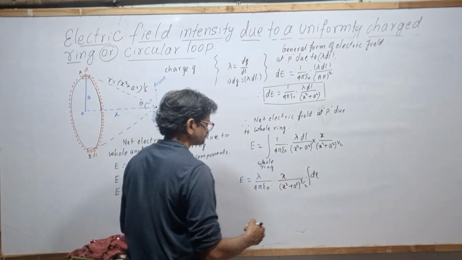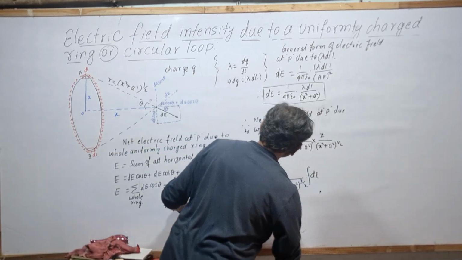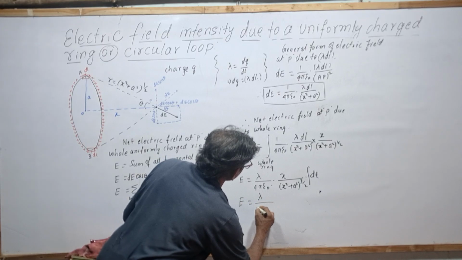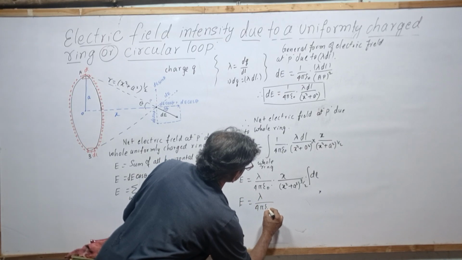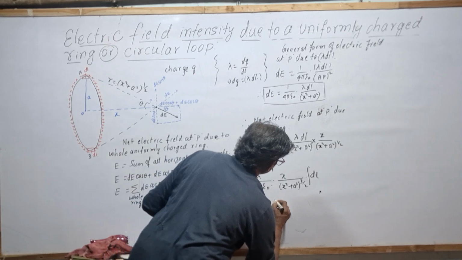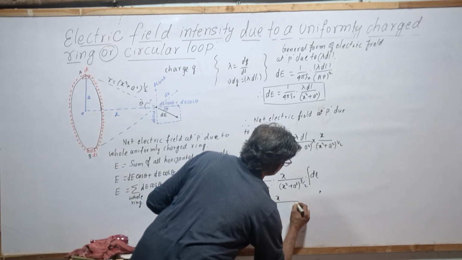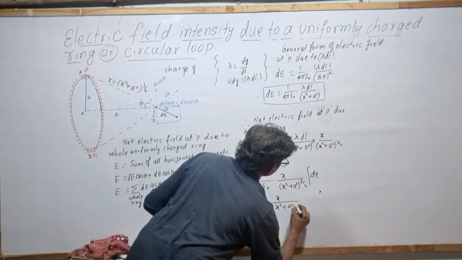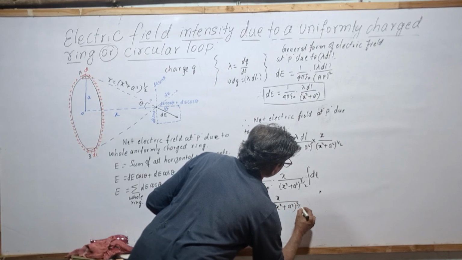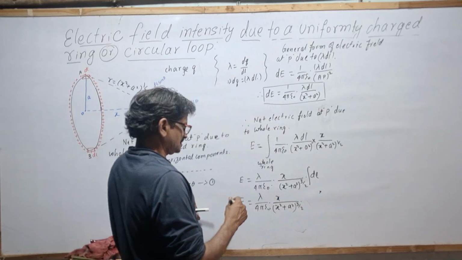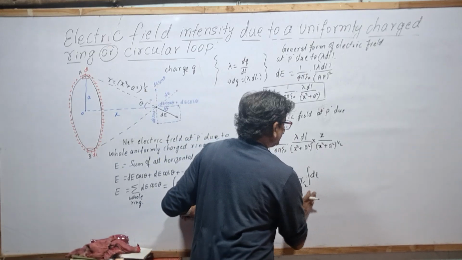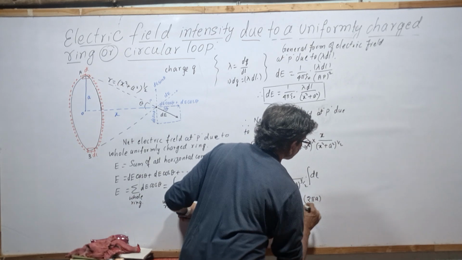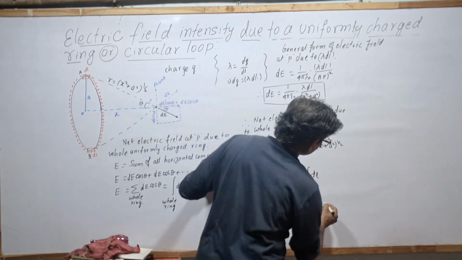So E equals lambda divided by 4 pi, x divided by x square plus a square to the power 3 by 2, and the integral of dl is 2 pi a.